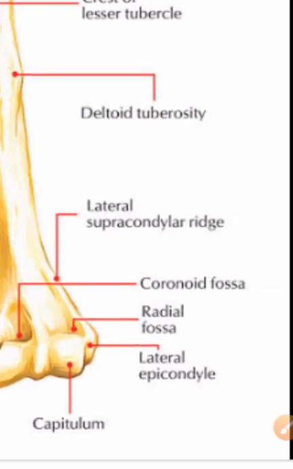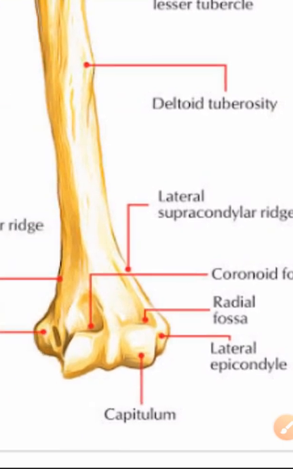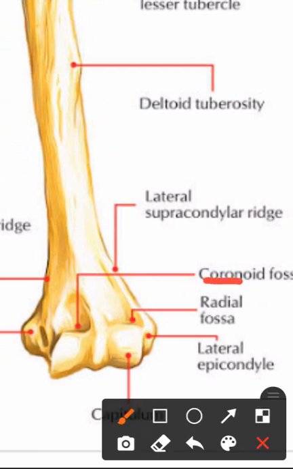You also know, as we will study in this lecture, the coronoid fossa is a part of which bone? This is related to the medial bone. What is the medial bone? The ulna is the medial bone of the forearm.